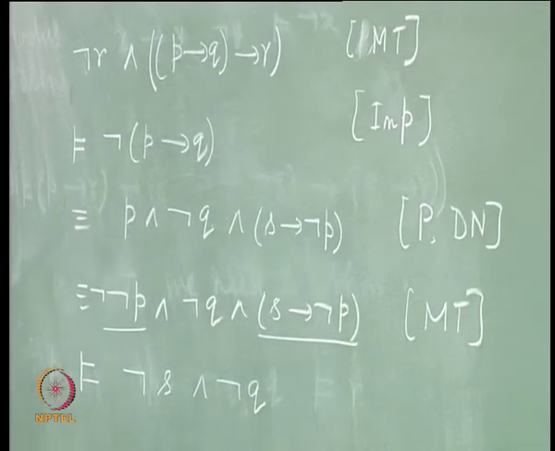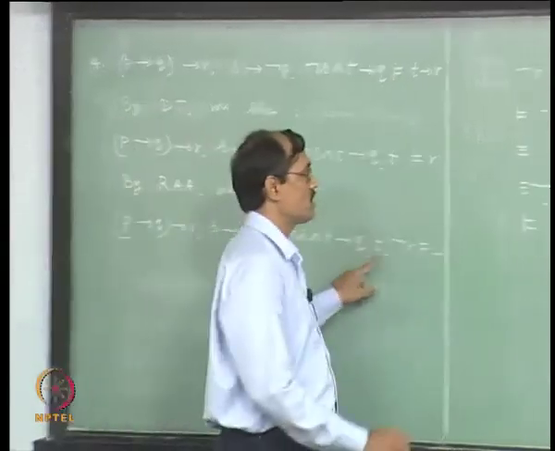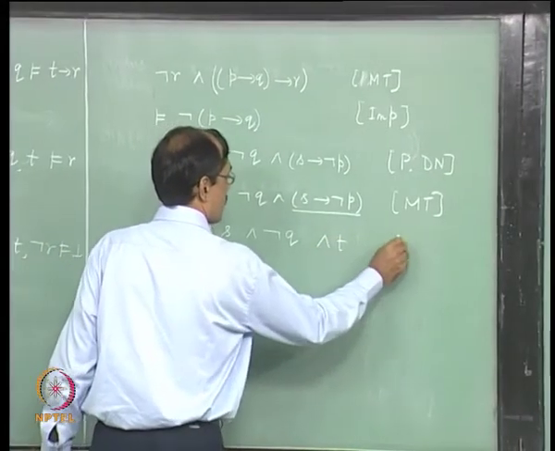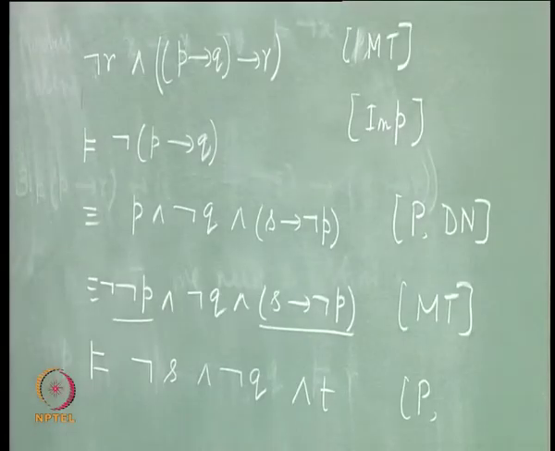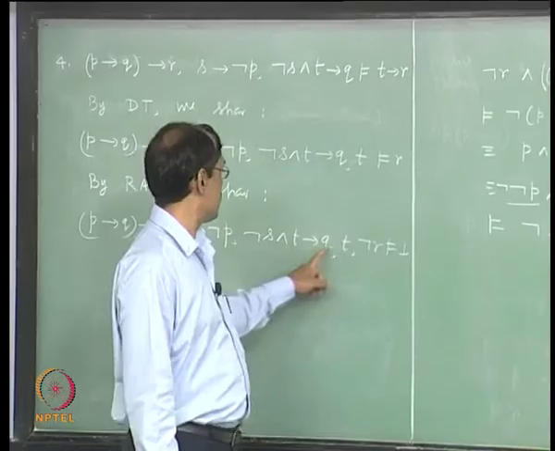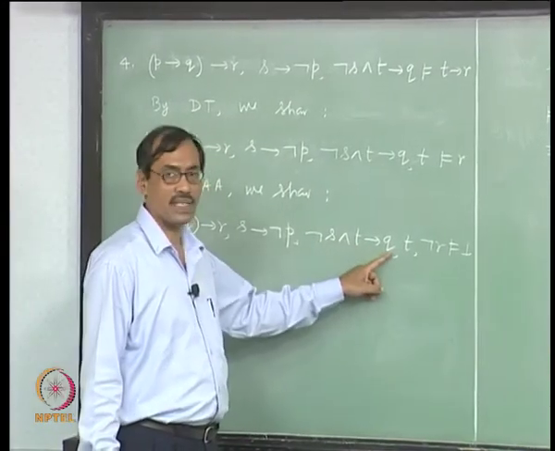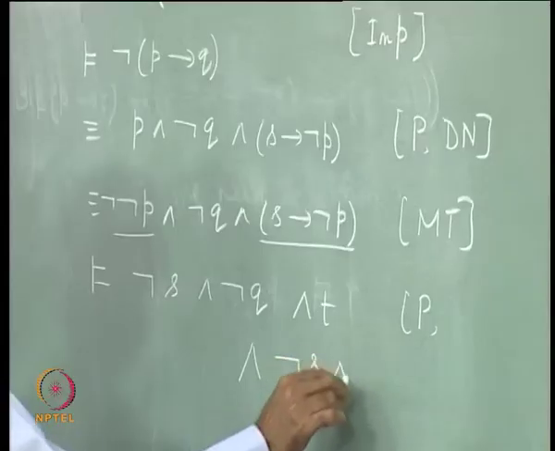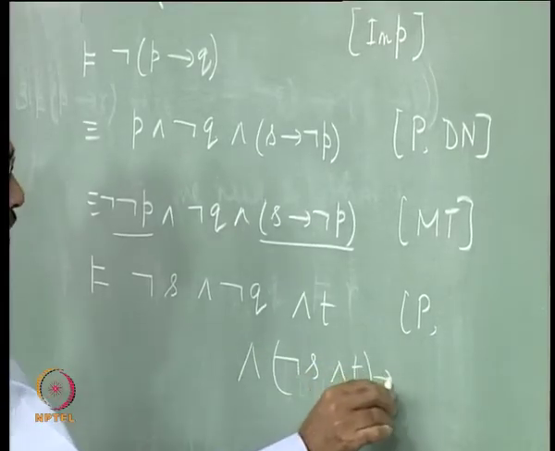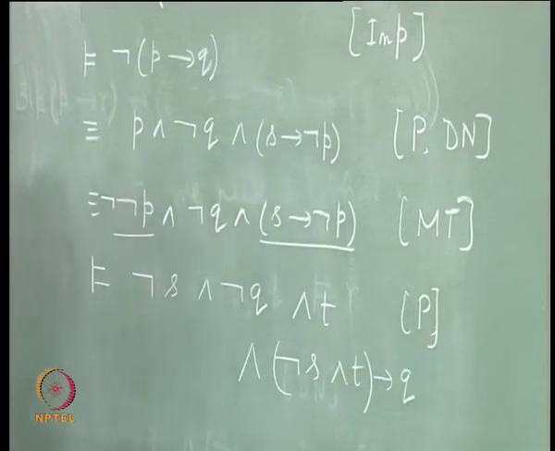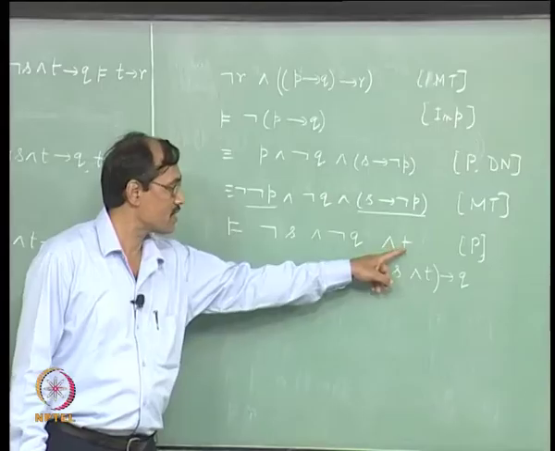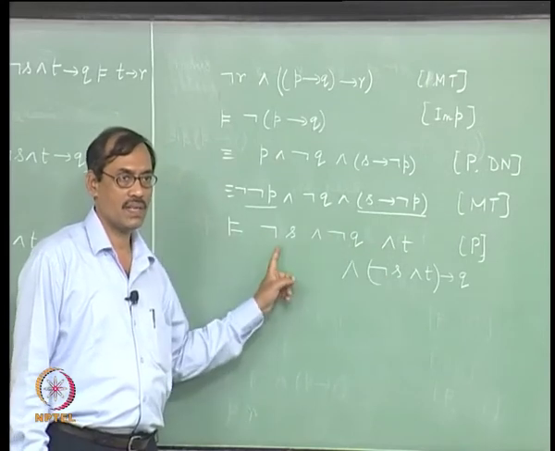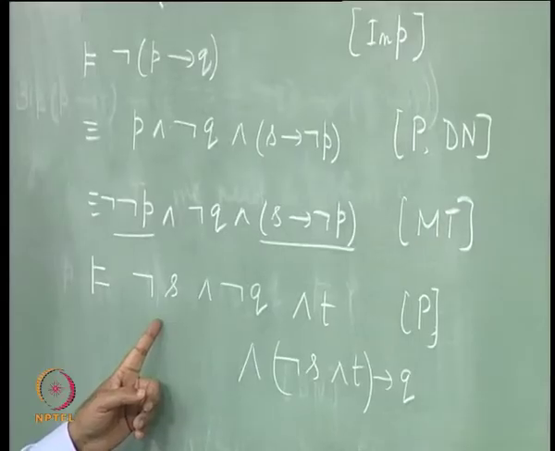Not S is here, T is also here. So you can use a premise T, this is a premise, but not only that, you need not S and T implies Q also. So let us use that another premise. Is that clear? But then we want not S and T together. So you need associativity and commutativity of and, fine.